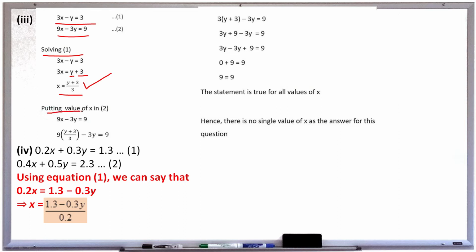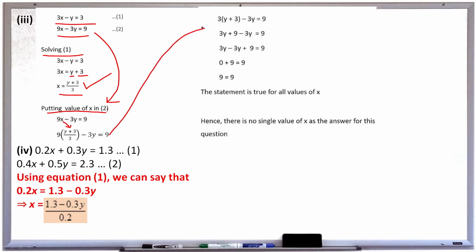Putting this value of x in equation number 2. In this equation number 2 we are going to put the value of x. So the equation will become 9x minus 3y is equal to 9. Instead of x you put (y plus 3) by 3. So 9 into (y plus 3) by 3 minus 3y is equal to 9.